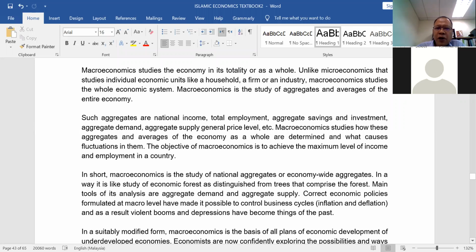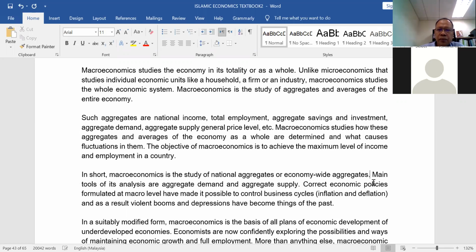We study the whole forest, okay, not the trees, not the individual trees. So we look at the forest as a whole. The main tools of the analysis of macroeconomics are aggregate demand and aggregate supply.